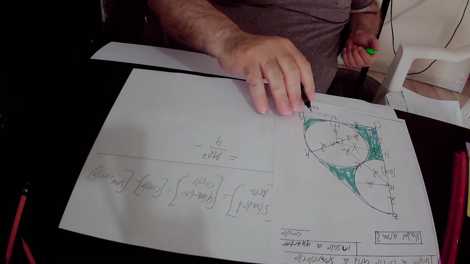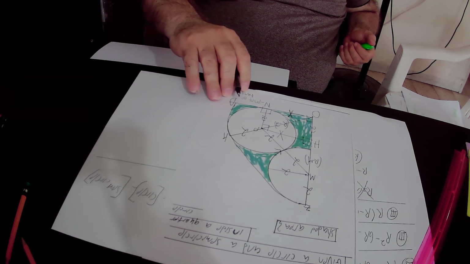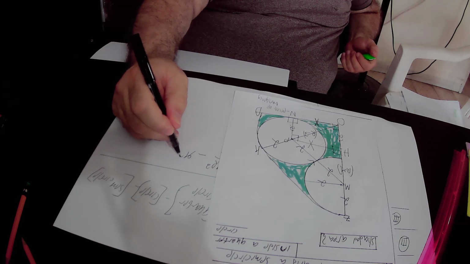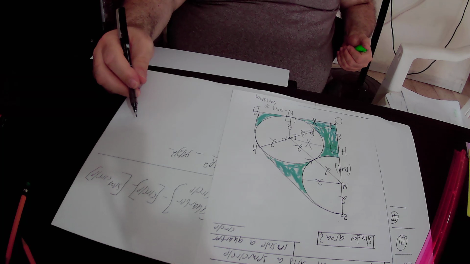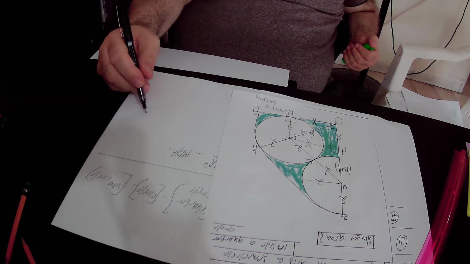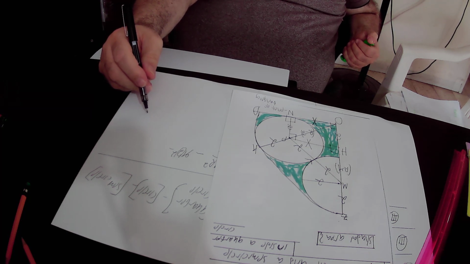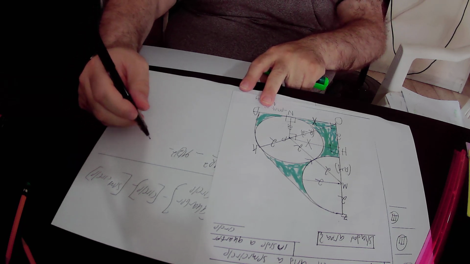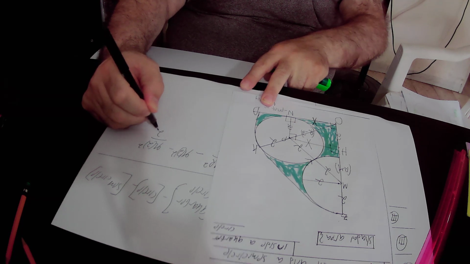We know that the area of any circle is pi r squared, and r equals 2, so it is pi times 2 squared, minus the area of the semicircle. The area of any semicircle equals the area of the circle over 2. And the area of the circle is pi r squared, and r equals 2, so the area of the semicircle will be equal to pi times 2 squared over 2. Okay?